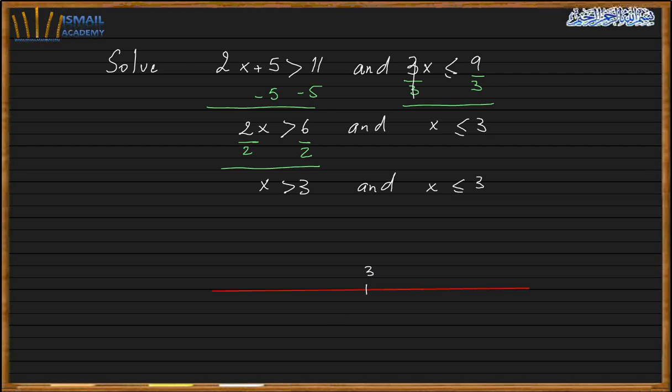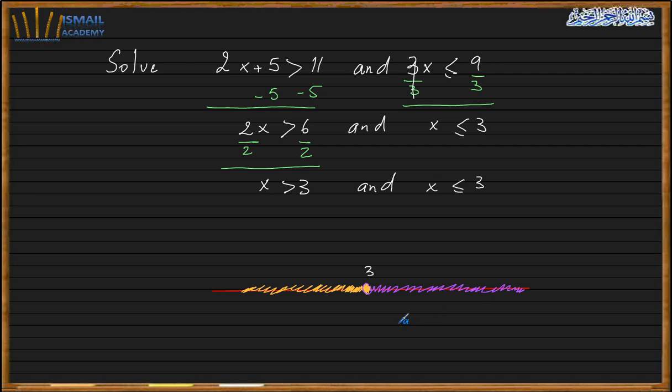So we have the full circle, and we'll put this color when x is less than or equal to 3, then the solution is on that side, and we have x is greater than 3, so I put an open circle and shade that side.